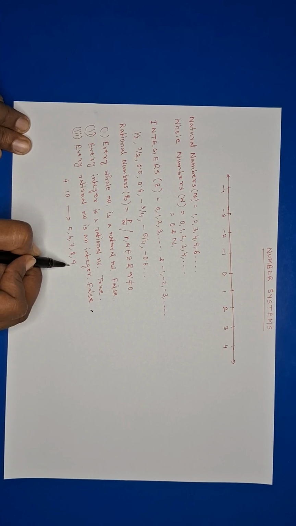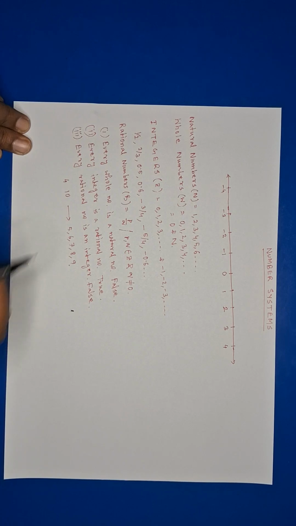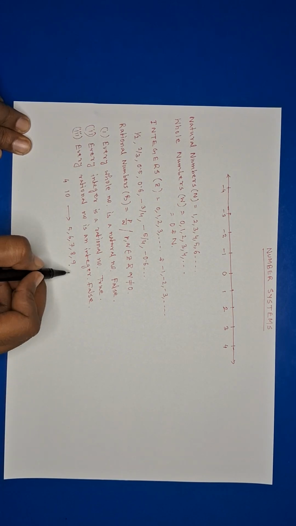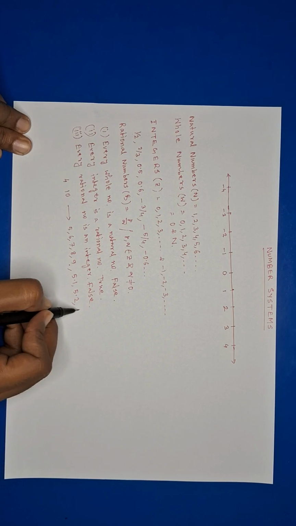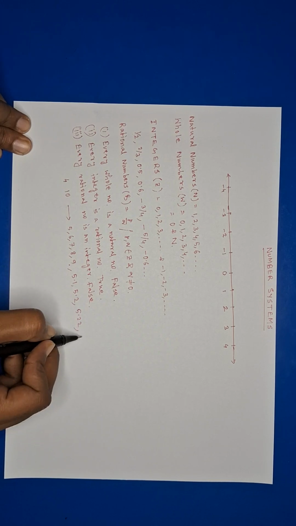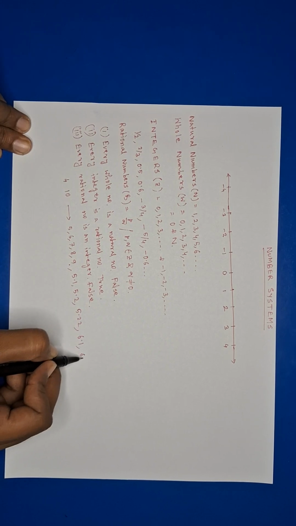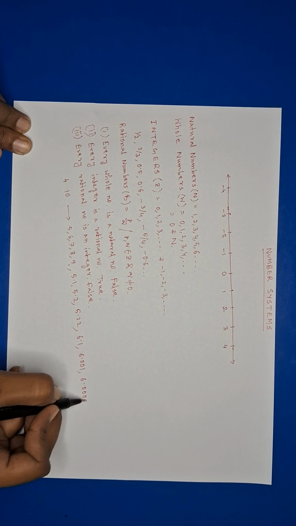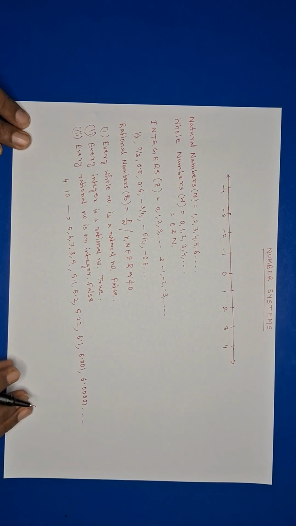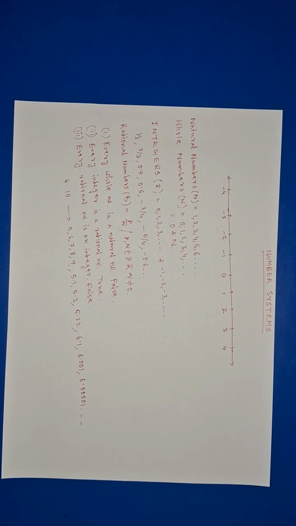These 5 numbers are there. But rational numbers, there are many. Like 5.1, 5.2, 5.22, 6.1, 6.001, 6.000001, and so on. So infinitely many rational numbers can exist in between two rational numbers. You have to remember it.